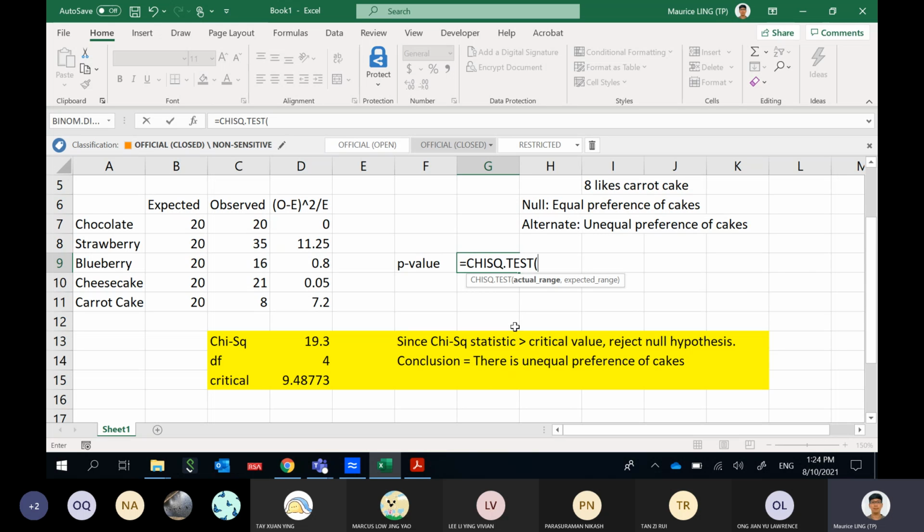Actual range is your observed range. So you highlight the observed, comma, highlight the expected, close your bracket, and that's the p-value.